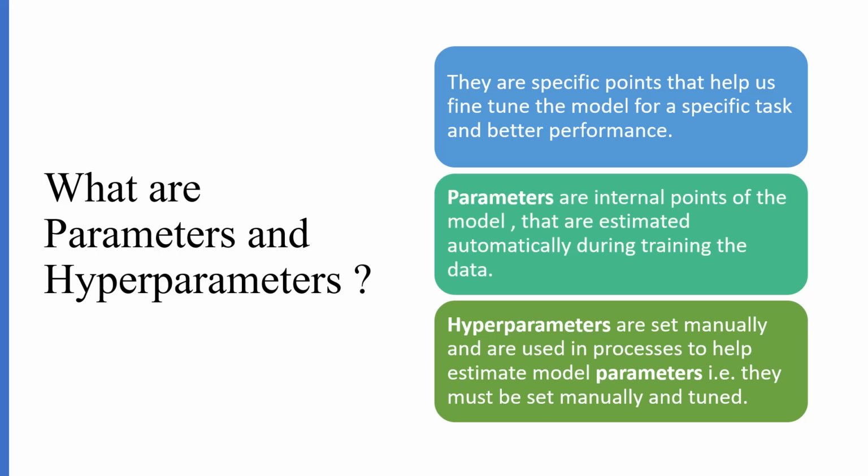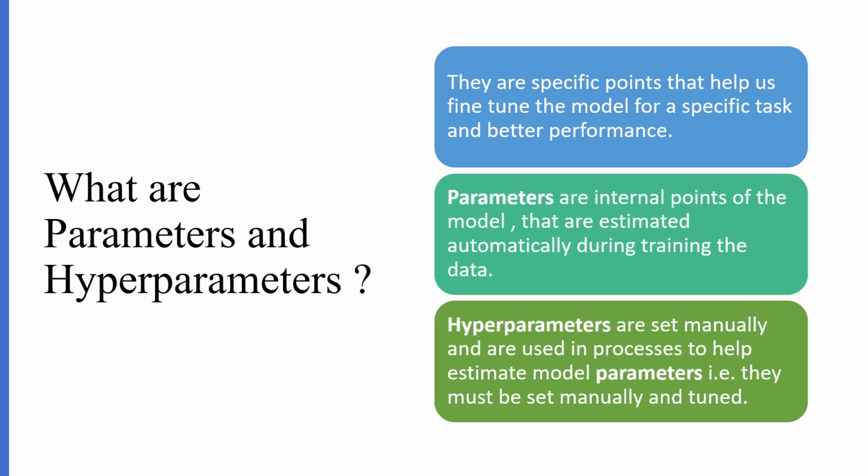So as you see, parameters are dependent on hyperparameters. Then hyperparameters must be manually tuned, and this is actually done by trial and error. There is no specific documentation that tells us, do this and you'll get the best performance.